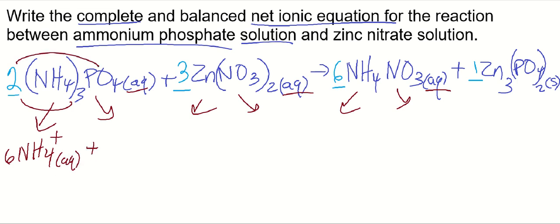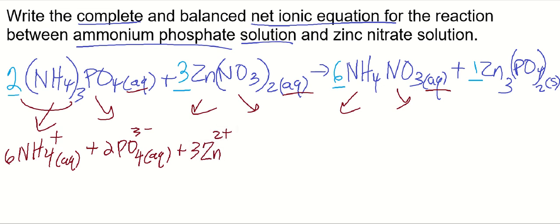Phosphate, there's 2 moles of them. And this is not the most important thing because you can always balance them at the end again, but try to get this all done as we're doing the problem. Phosphate is a 3 negative polyatomic anion. We got 3 moles of zinc. Zinc has a 2 positive charge.